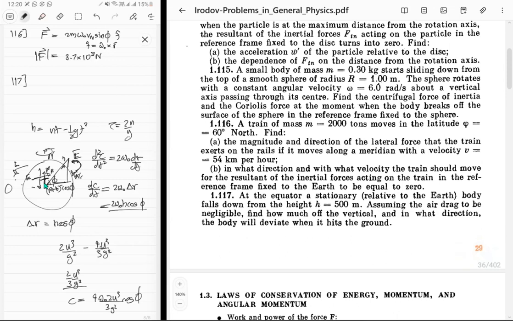So when it's doing that, what actually happens is that it's along negative t hat, so it's along the west direction, assuming it's on the equator. If it's not, it's not exactly west. West is not just a position.